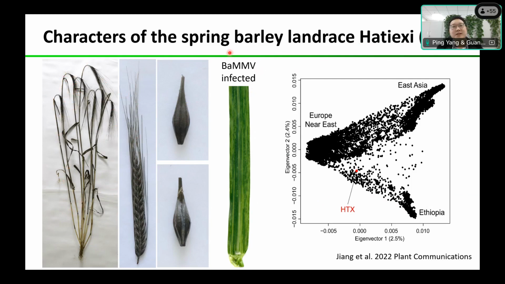We are also interested in virus resistance. Because this genotype is susceptible to virus infections, that would allow us to identify mutants showing virus resistance. However, when we analyzed the population genetic PCA structures, we realized HTX is not a traditional Chinese landrace with the Eastern genetic background, but basically a mixture between European and Ethiopian genotypes.